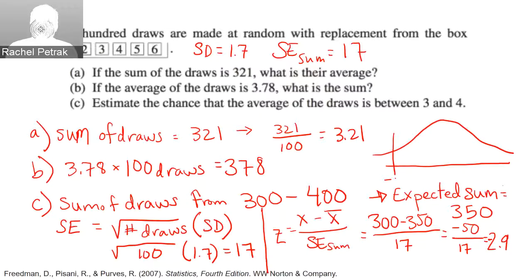So if this 300 was -2.9, and 400 is going to be a +2.9 by the same process that we looked at earlier. It's off by the same amount from the mean. And we can just find the mean to z proportion for 2.9, and you'll see it's a very high proportion, like 49.6.